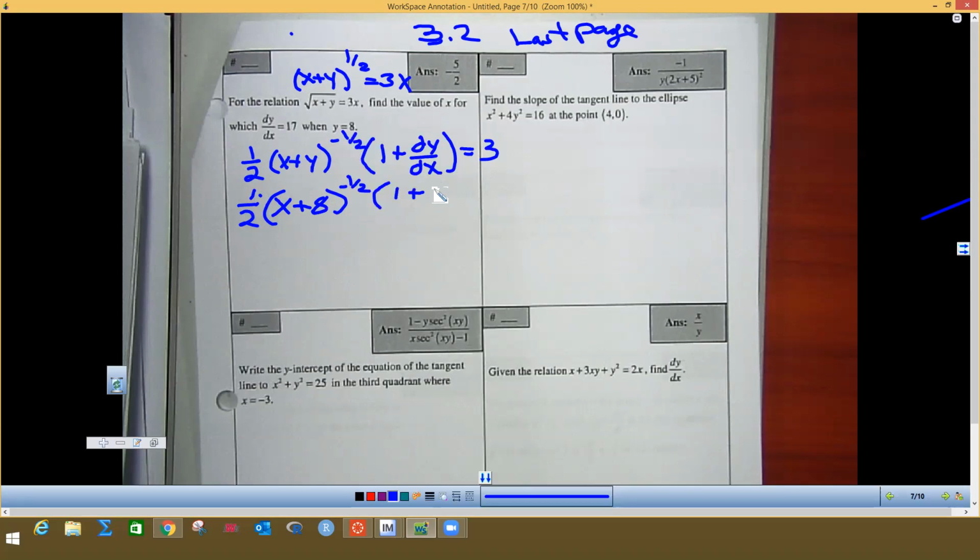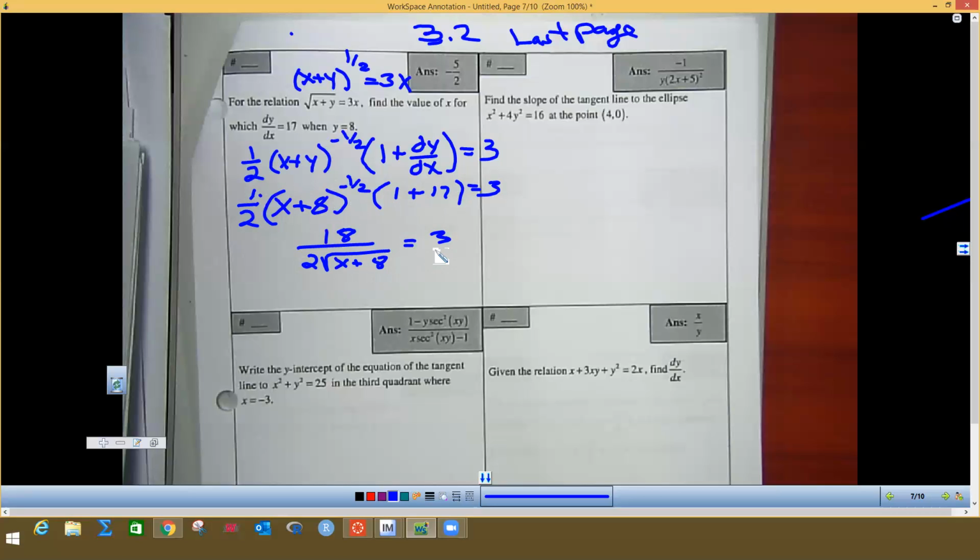And over here, I'm plugging in 17 for dy dx. So I'm going to end up getting 18 over here, and I take that 18 times 1 and get 18 in my numerator. On the bottom, I got 2, and I'm going to stick this x plus 8 back on the bottom, back in a radical. And now I've made this back into an algebra 1 problem.